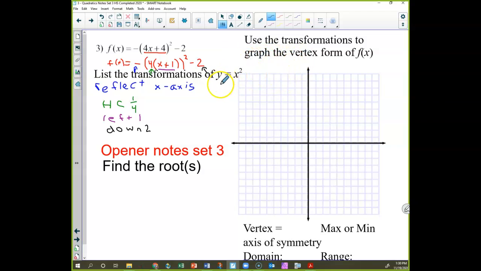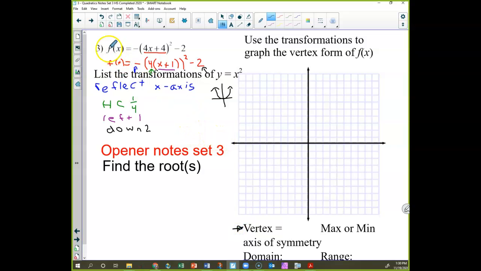Now, that requires, I remember what my parent function looks like. So if need be, draw yourself a little sketch to know what y equals x squared is going to look like so you can remember, okay, as Austin pointed out, when we turn this upside down, when we make it skinnier, what's this going to look like? So I'm going to start, anytime I'm graphing a quadratic, I'm going to start right here at the vertex.